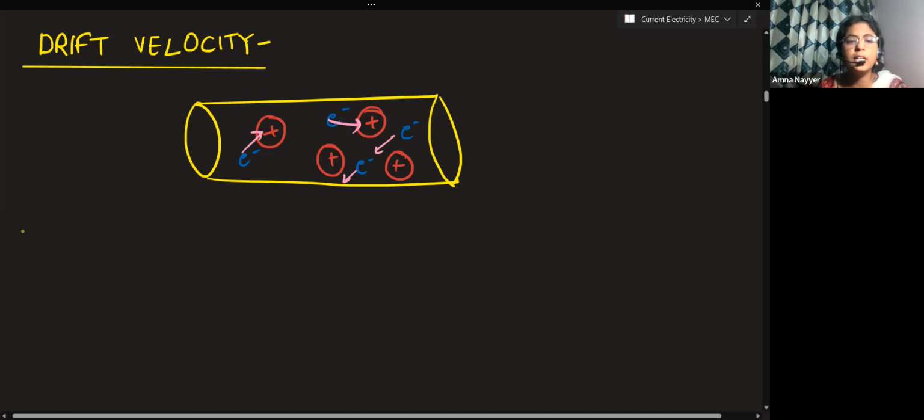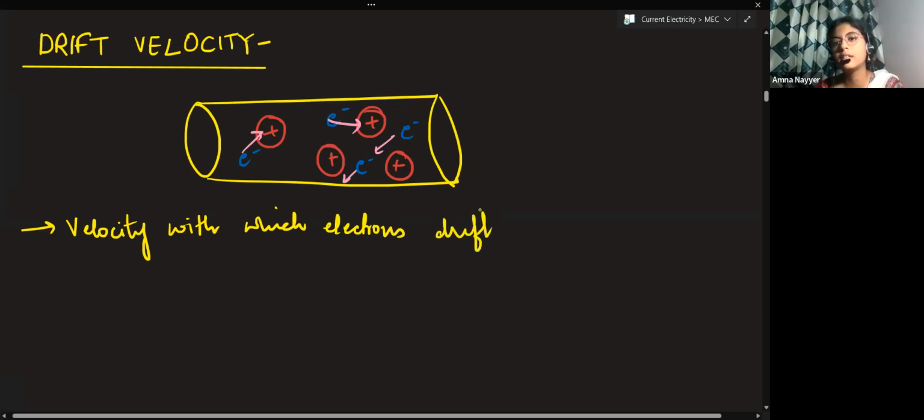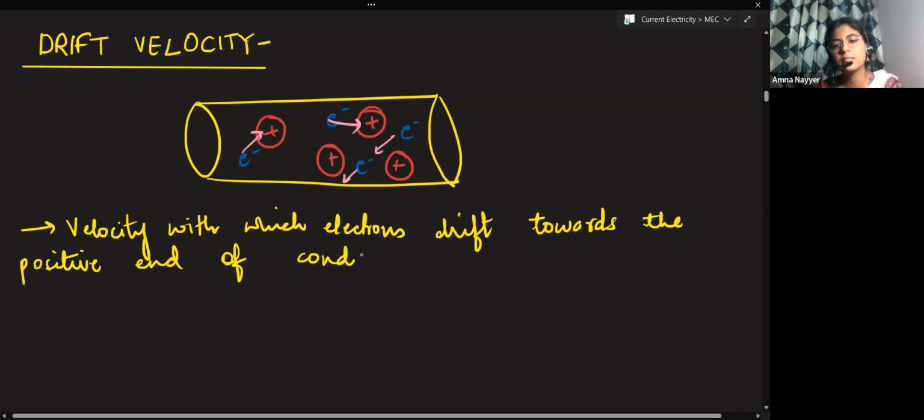First, let me write down the definition of drift velocity. Drift velocity is the velocity with which electrons drift towards the positive end of the conductor.